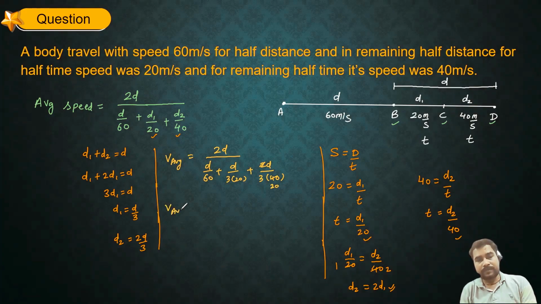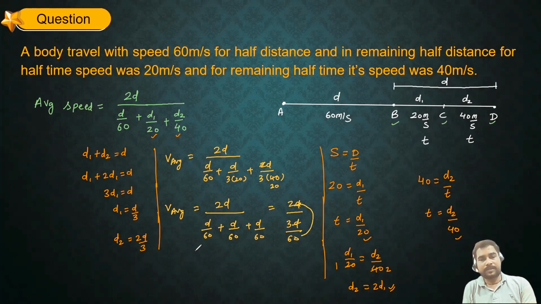So V average this time is going to be 2D upon D upon 60 plus D upon 60 plus D upon 60, or I can write this as 3 times D upon 60. D and D got cancelled. I need to multiply this with 2. So 2 into 60 divided by 3, 20 into 2.